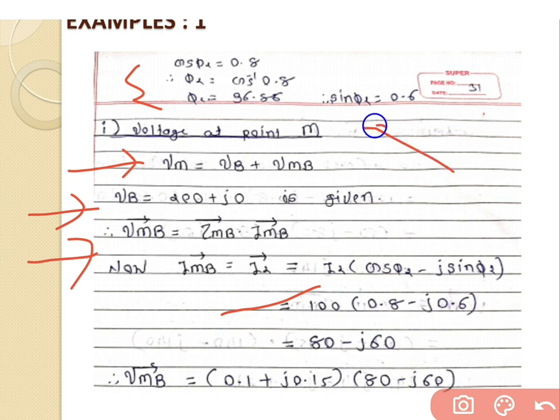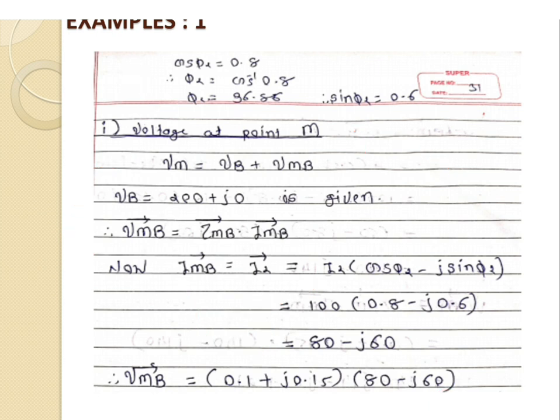So we get Imb equal to 80 minus j60. So Vmb is equal to (0.1 plus j0.15) times (80 minus j60).